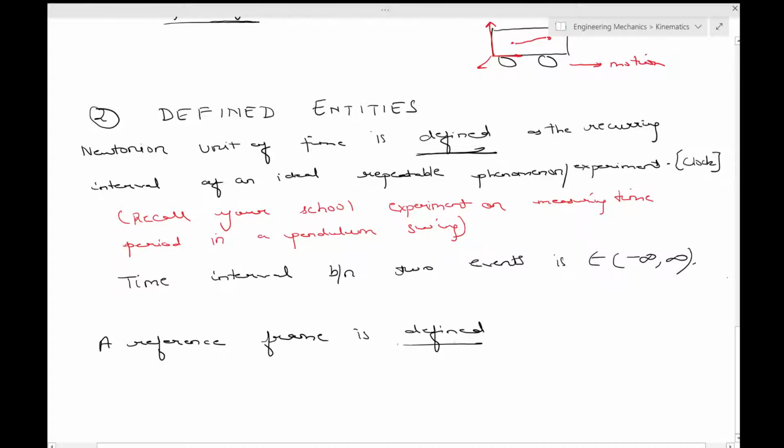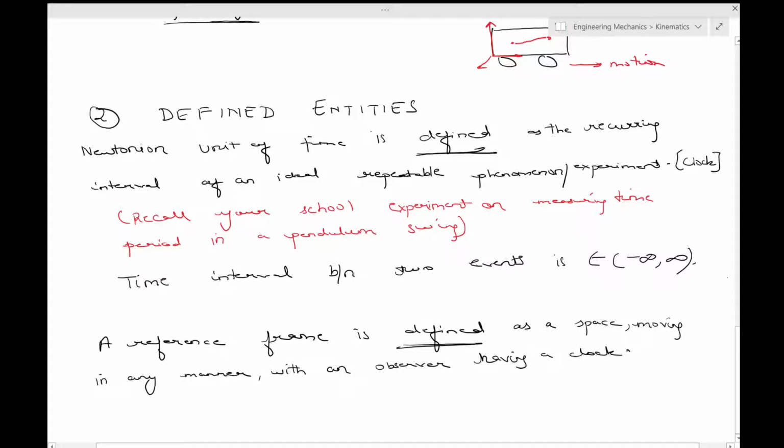Again, it is defined as a space moving in any manner with an observer having a clock, a clock to measure, say, the interval between two events.